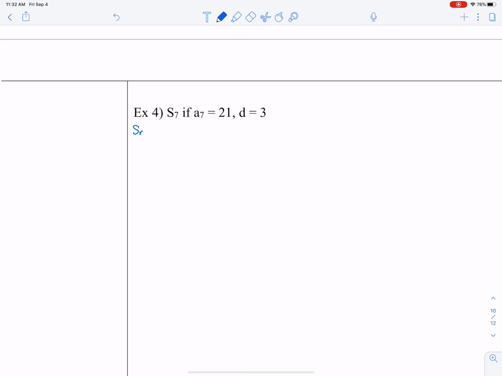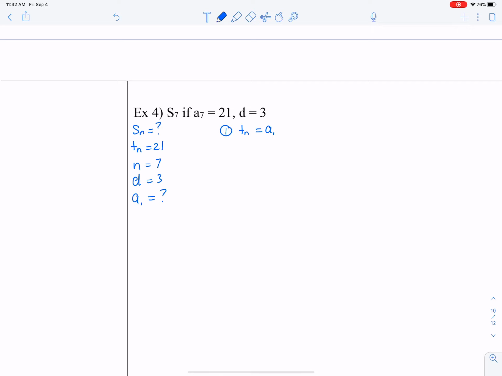So we want to know Sn is something, Tn is 21, n is 7, D is 3, and A1 is question mark. So this time we also need two equations. This time we need to use the equation from yesterday first.